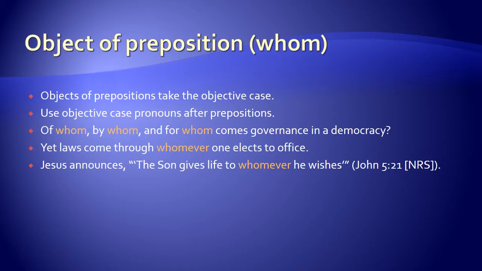Well, as we know, democracy, as stated by Abraham Lincoln, is a government of the people, by the people, and for the people. Yet laws come through whomever one elects to office. And so whomever is the object of the preposition through. And Jesus announces, the Son gives life to whomever he wishes, and whomever is the object of the preposition to.